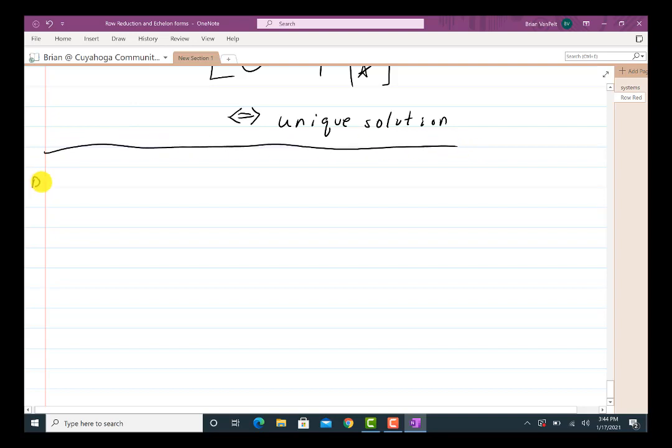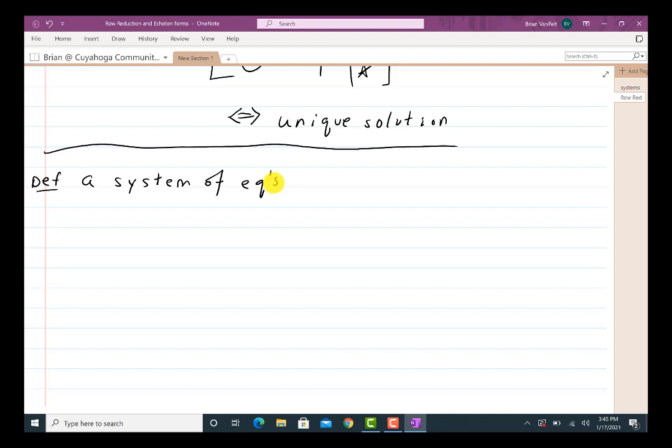This leads to a definition. A system of equations. And this is interesting, I'm not even saying linear equations, because this statement is true for a broader collection of equations than what we have. But it really doesn't matter.